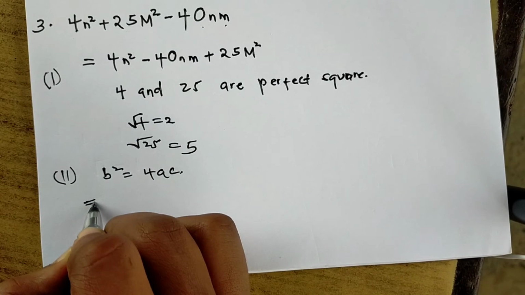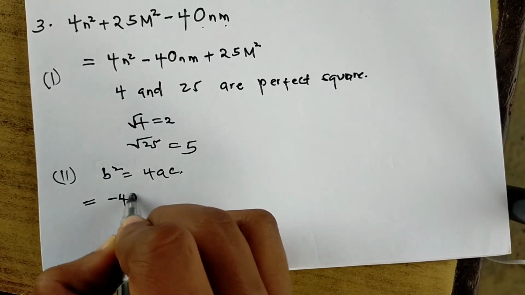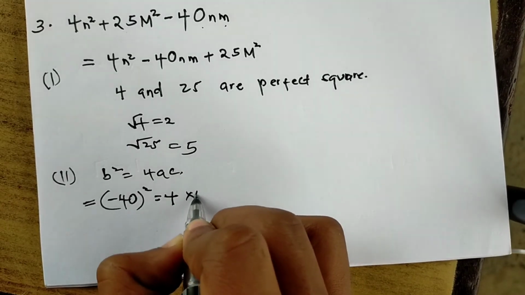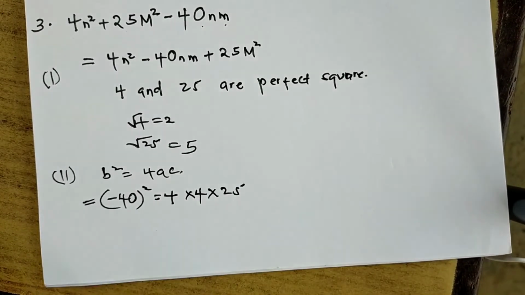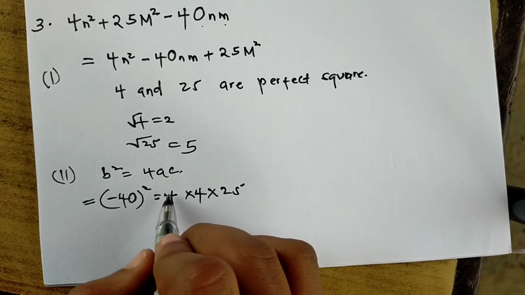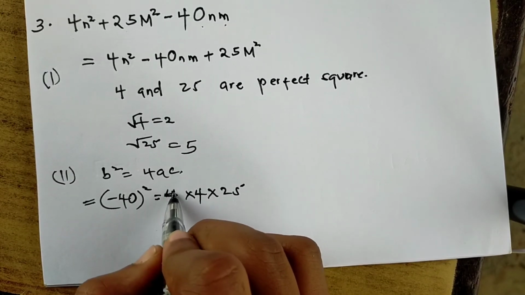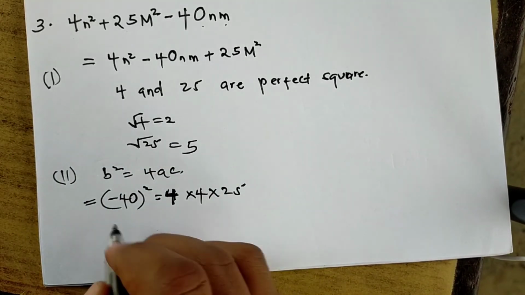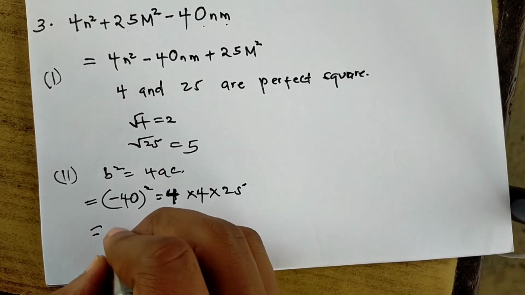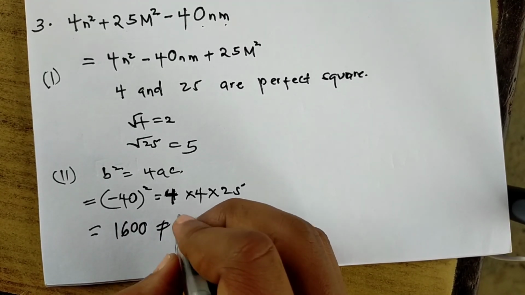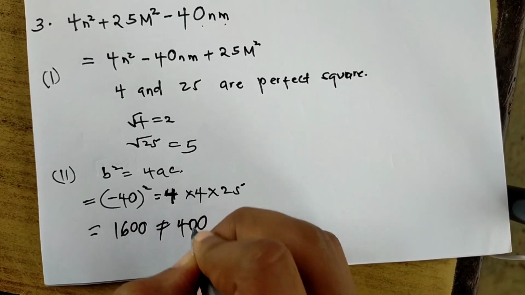Our b square is negative 40 square, which is 1600, and 4 times 4 times 25 is 400.